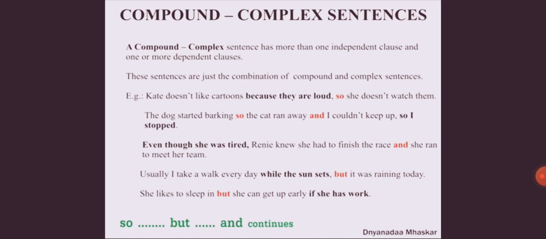The last one, she likes to sleep in, but she can get up early if she has work. If she has work is a subordinate clause. The two clauses, she likes to sleep in and she can get up early, are joined by the coordinating conjunction but. I hope this concept of compound complex sentence is clear now.